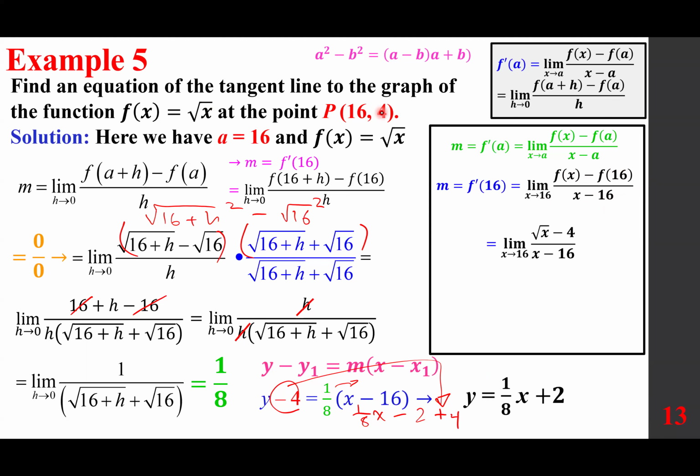Obviously, if you plug in, you get 0 over 0. And 0 over 0 means we need to use our algebraic techniques. The numerator is in the form of a square root. Therefore, we use the conjugate.